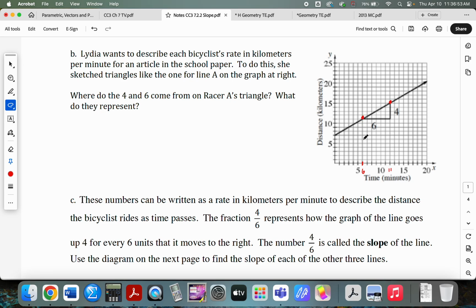That's at 11. Oh, this is 12. That part's 10. Sorry, I thought that was 10. And then over here, they've gone 11 kilometers, and here they've gone 15 kilometers.